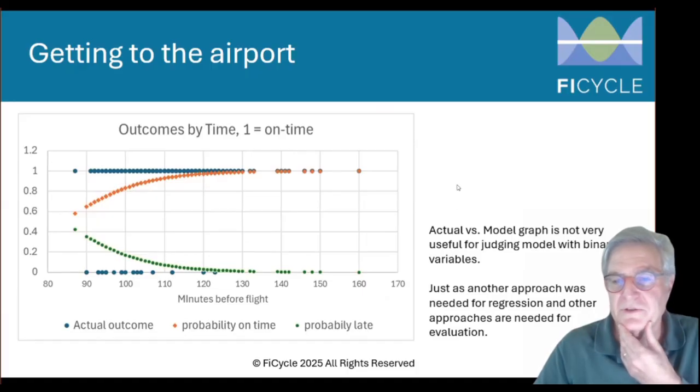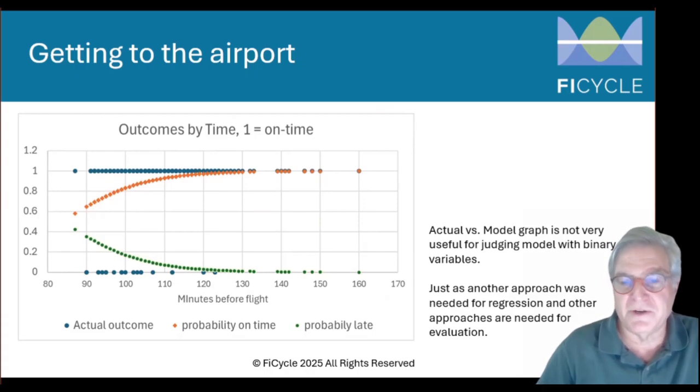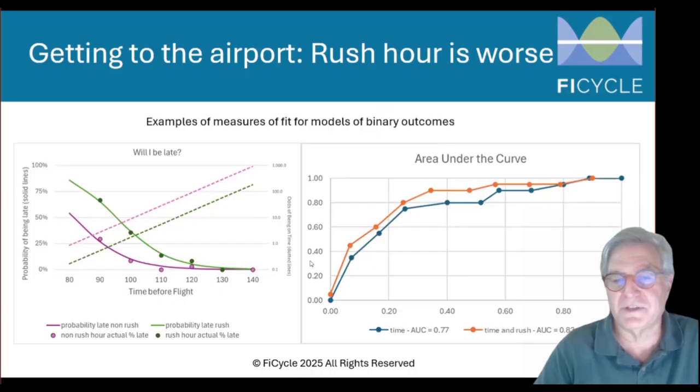Before, we used a graph of actual versus model to determine how well the model fit, but this is still pretty hard to judge. So just as we used R-squared, we're going to try something different for this type of model, for a logistic model. And I've shown you two different types of approaches we can use.